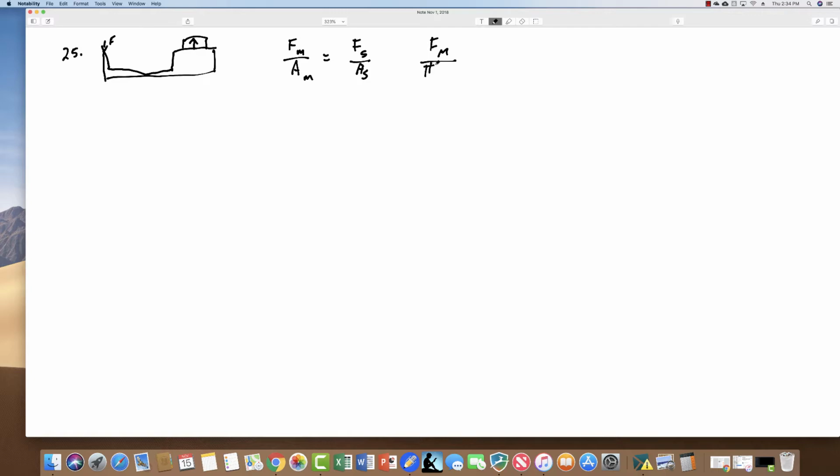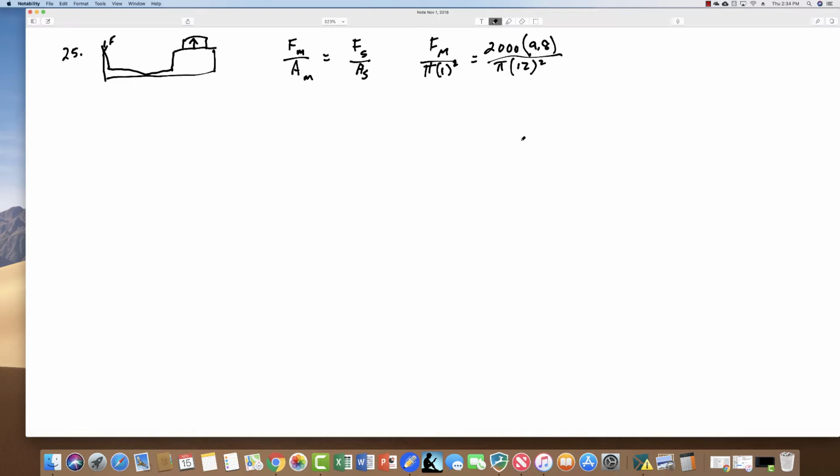So the area is going to be pi times 1 squared. And this is going to equal the force of the car, which is 2,000 kilograms times 9.8, divided by the area, which is going to be pi times the slave diameter, which is 24, so 12 radius, squared.